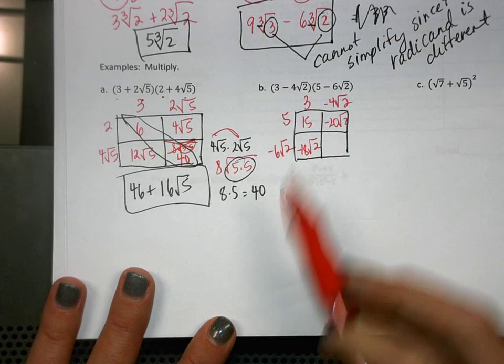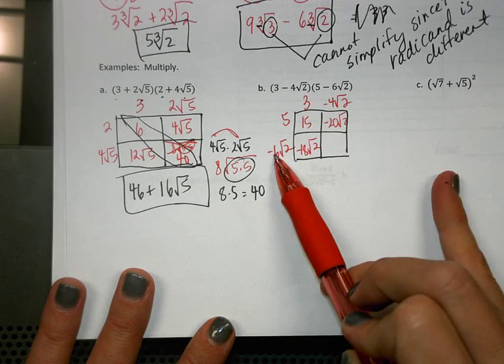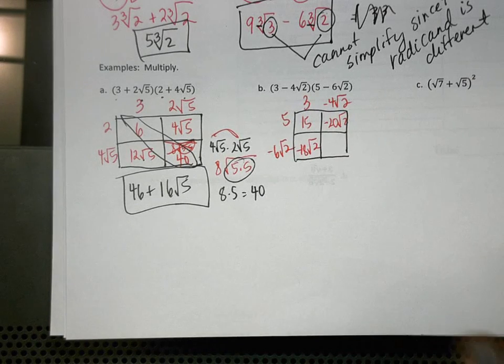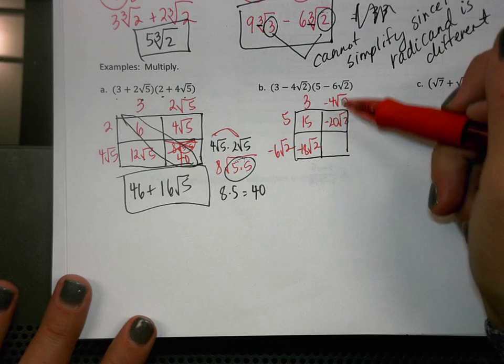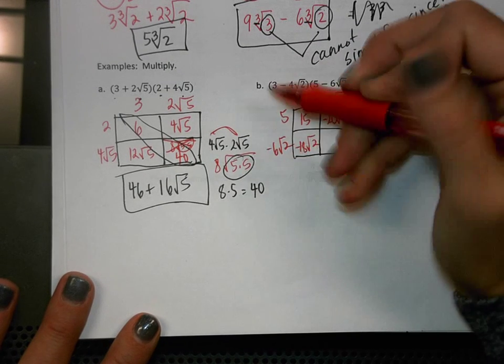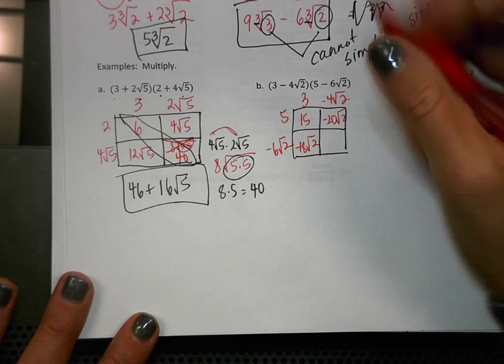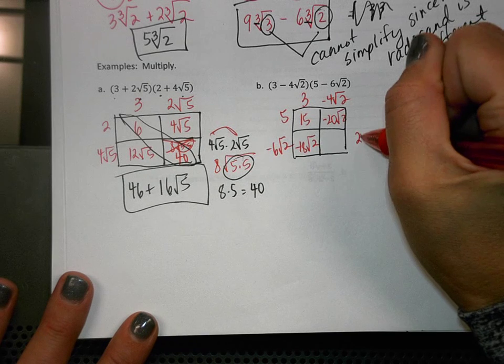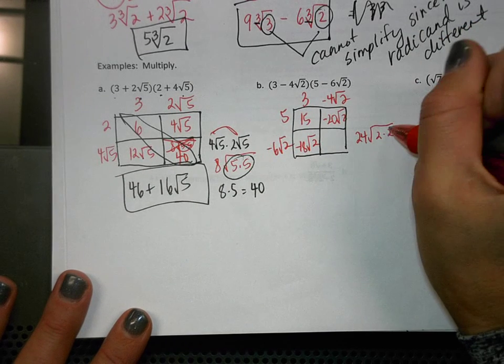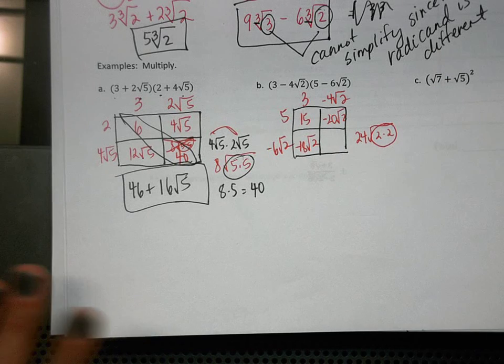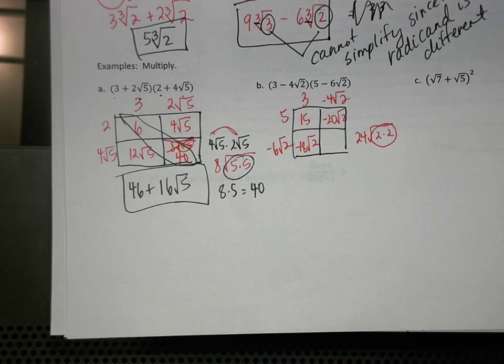Okay, and so now we do outsides with outsides and insides with insides, meaning like the roots and roots, right? So negative 6 times negative 4, and if you want to, you could even write this to the side. So negative 6 times negative 4 is what? 24. And then I'm at root, and it's 2 times 2, which ends up making a pair of 2s. And so 24 times 2 is 48.